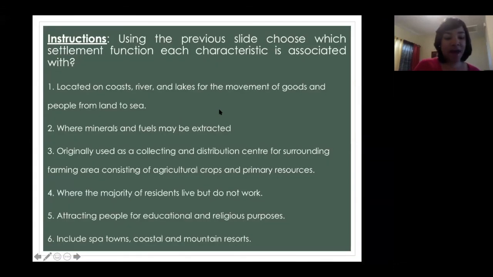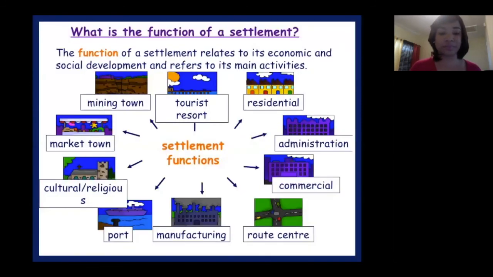Number 5, attracting people for educational and religious purposes. Which one do we think it is? Cultural, okay. Religious, cultural. Okay, Franklin, excellent guys.